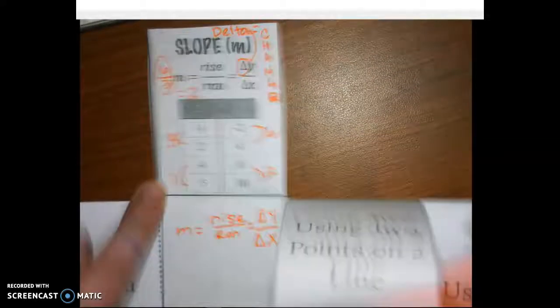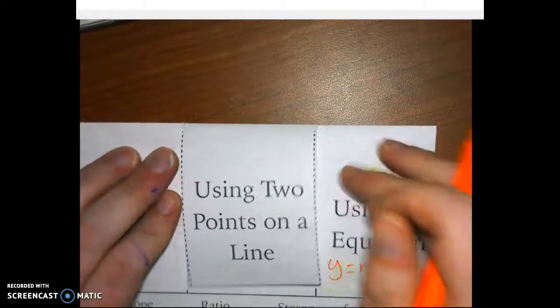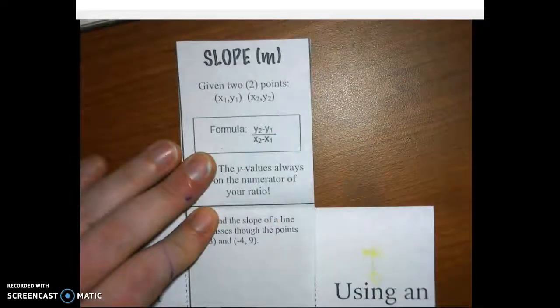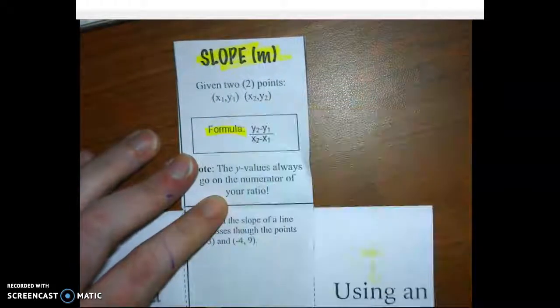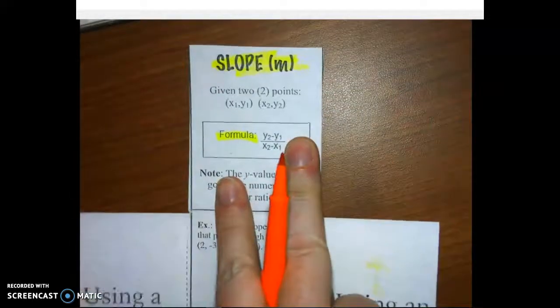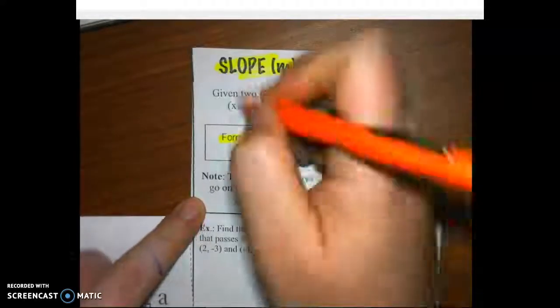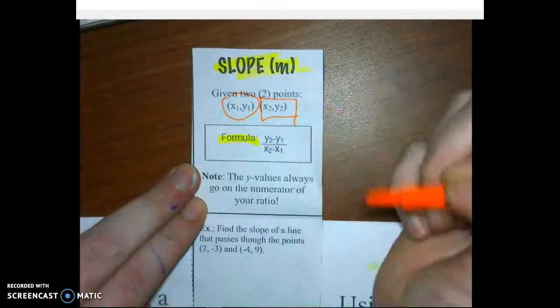Now, if I were to pick a difficult one, it'd be this one, but it's not difficult. It's just easy to mess up. Two points. Here's slope again. And this time you have a formula. Those of you who like formulas, this is your friend. You'll be given two points. One of them is going to be like this, the other will be like this.